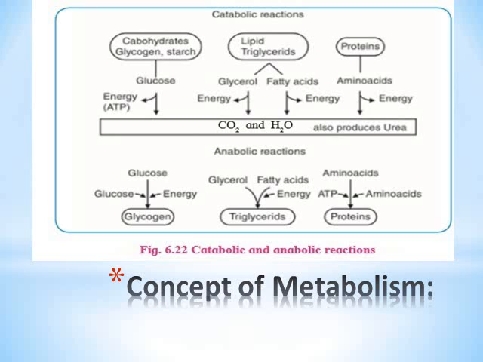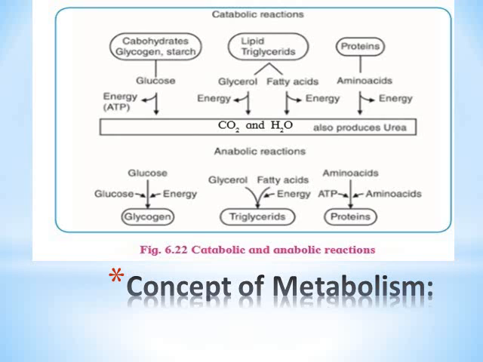So, the balance between catabolism and anabolism maintains homeostasis. Homeostasis means to maintain the steady state. It is called as homeostasis. In this chart, you can see carbohydrates, glycogen, starch, they are broken down into simple substances, glucose, and it releases energy.